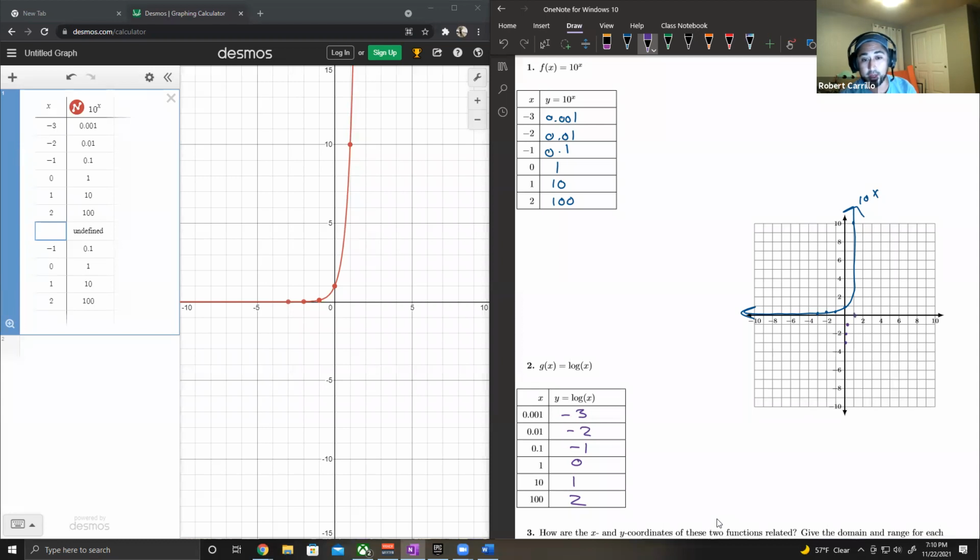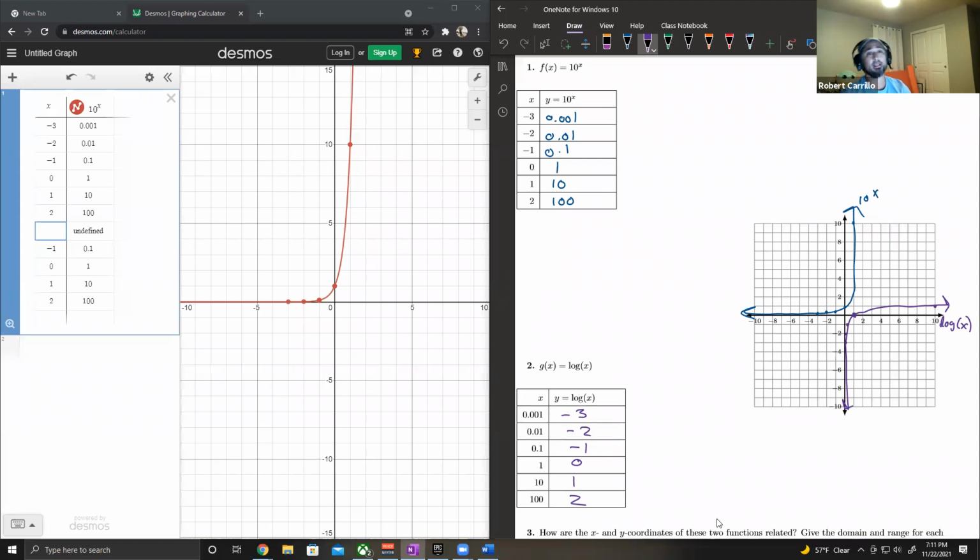And then at 1, you're at 0, and at 10, you are at 1. So here's what our common log function looks like. And there it is, there's log x.